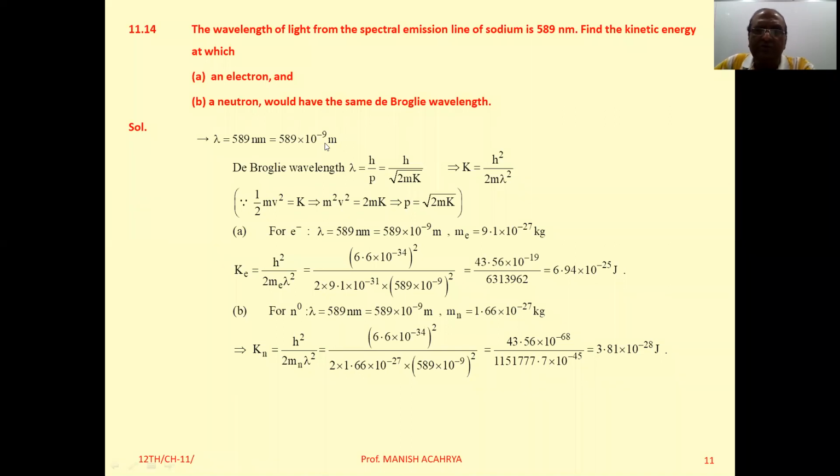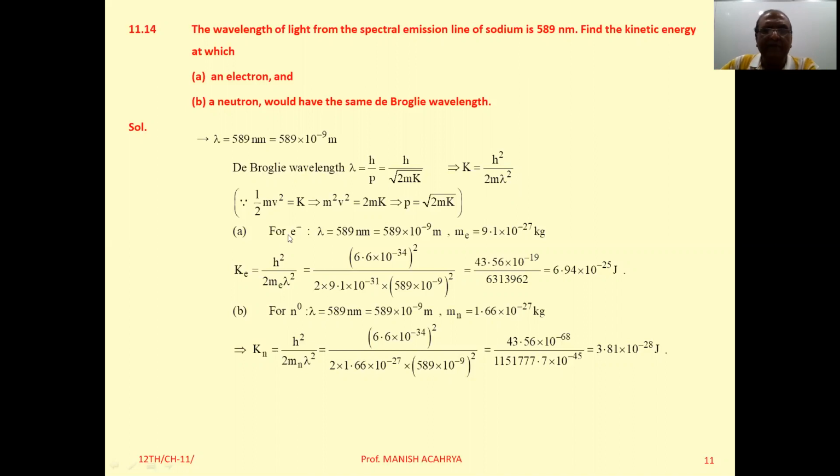So first of all we have to calculate the kinetic energy of an electron. Lambda is h by p, but p is under root 2mK. I have shown you here in the bracket how p is under root 2mK. Clear? So K, the kinetic energy, is h square upon 2m lambda square.